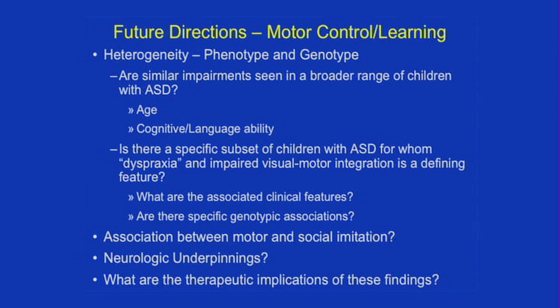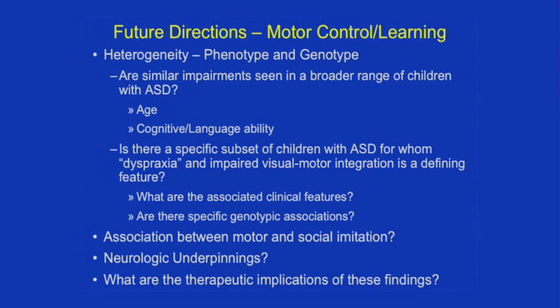So where do we go from here? We want to look at heterogeneity. We want to look at a broader phenotype and potentially look at genotypic associations as well. What are the potential specific clinical features associated with these impairments? Are there genotypic associations? Are we going to see this impairment in a broader range of children?